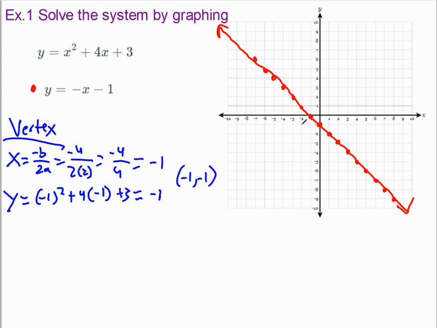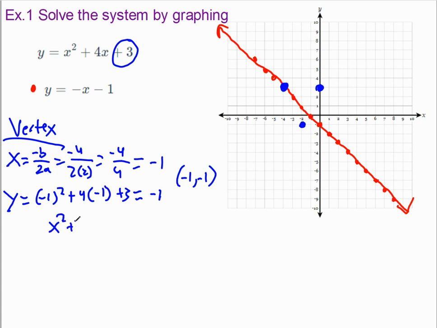I'm going to plot that right here. A couple more things I can find. I can use my y-intercept of 0, 3. Because that's two spaces this way, I could go two spaces this way, and they'll have the exact same y value. And then I also like to find my roots. For this equation, we can factor this.